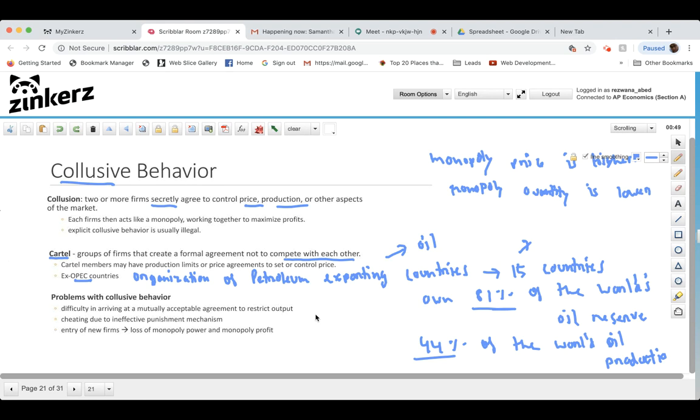Because you're not benefiting consumers. Being a monopoly is not a good thing for society, because you charge a higher price and you produce less than the socially optimal quantity. Society wants them to produce more, but they produce less and charge a higher price. So by colluding, they can act like a monopoly, and society doesn't really like that.